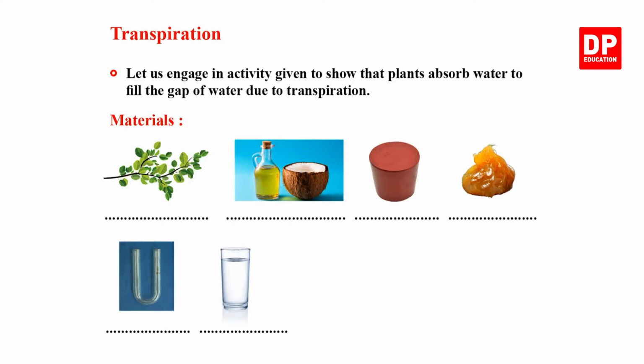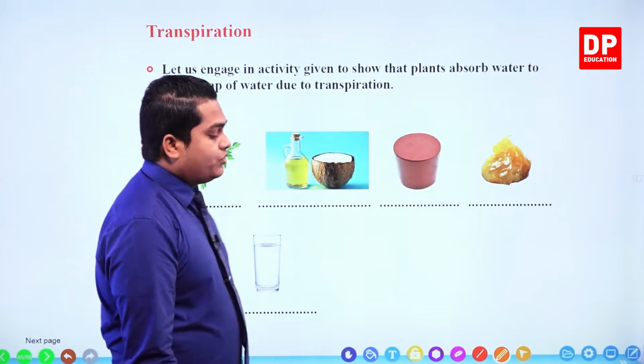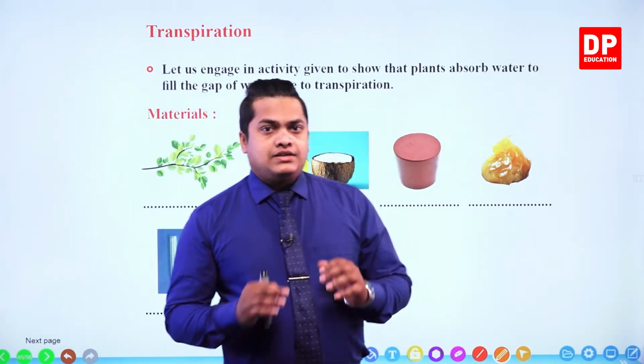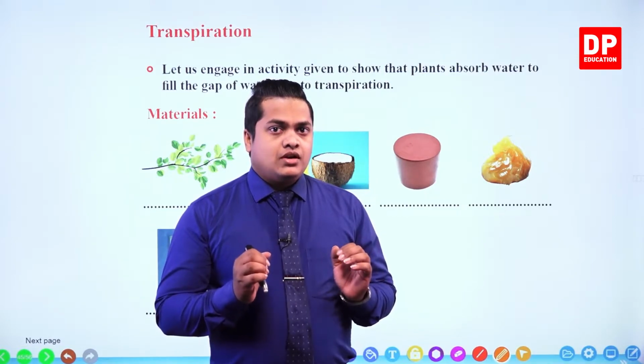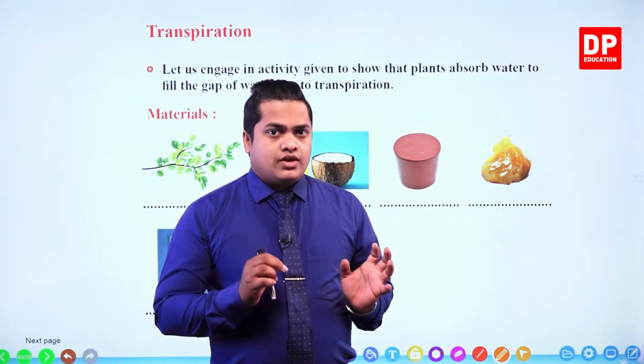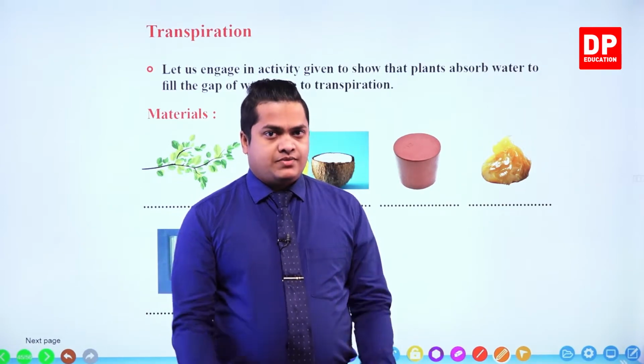So let us engage in the activity given to show that plants absorb water to fill the gap of water due to transpiration. Now you know that plants transpire water, or remove water by the process of transpiration.